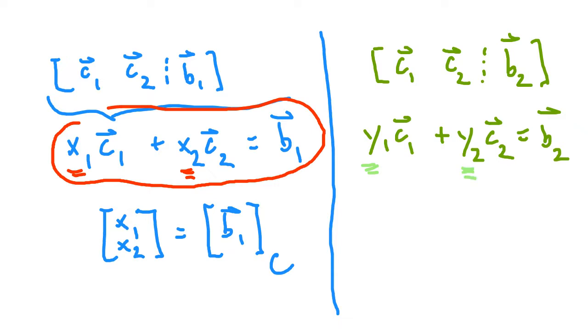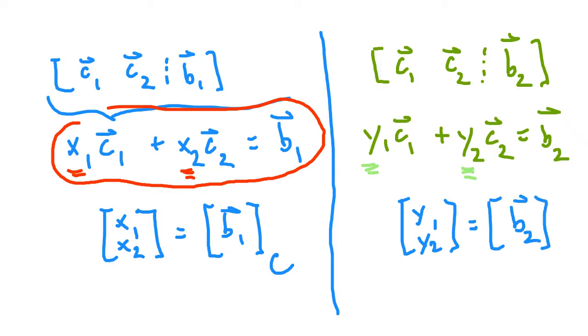So the coordinates here, y1 and y2, are the coordinate vector of b2 relative to basis C. Because remember, basis C consists of vectors C1 and C2, right?